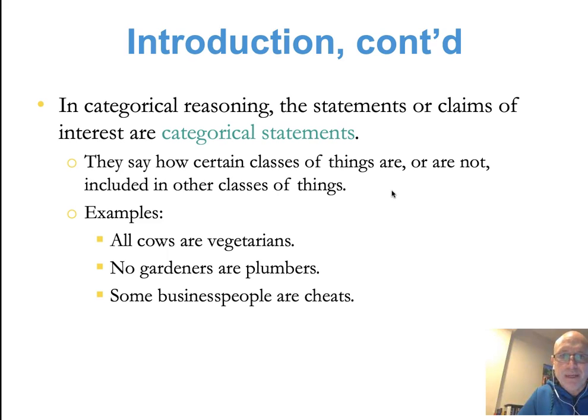No gardeners are plumbers, which asserts a negative, that no gardeners form part of the class of plumbers. And some business people are cheats, asserting that some of the category of business people are part of the category we know as cheats.